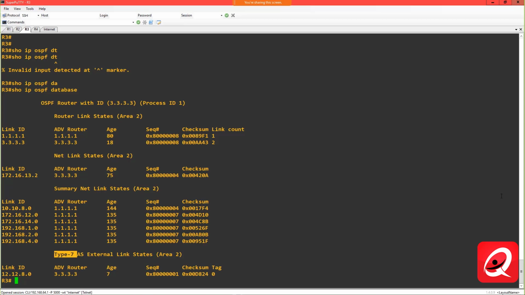The only difference is they are external routes that are being generated by an ASBR that is attached to a special area type. Could either be not so stubby or totally not so stubby. Okay? So these type 7 LSAs pretty much look exactly like type 5s, but there's a significant difference.